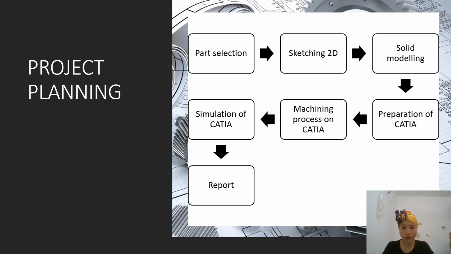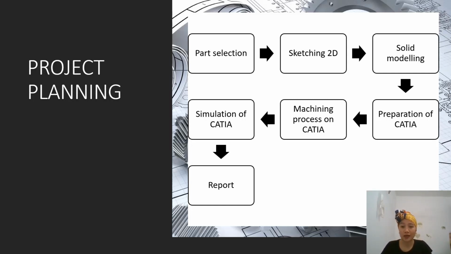Once we had approval, we moved on to 2D sketching. For this, we are required to have the physical product so that we can get the exact dimensions of each side of the part, so that we can move to solid modeling.